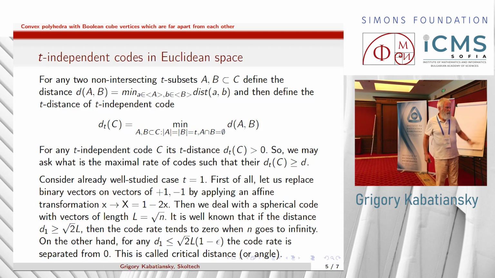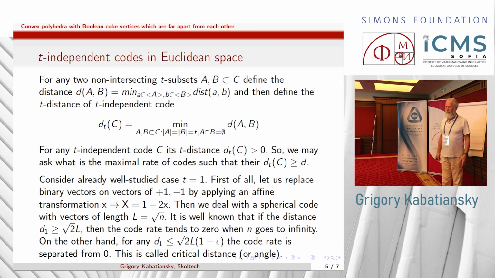Okay, consider for simplicity the initial case, the case when t is 1. So we take only vectors, and then the question which I am asking is a question about spherical codes. Of course, to make them spherical codes, let's replace 0 and 1 by plus and minus 1, for instance, by this affine map.